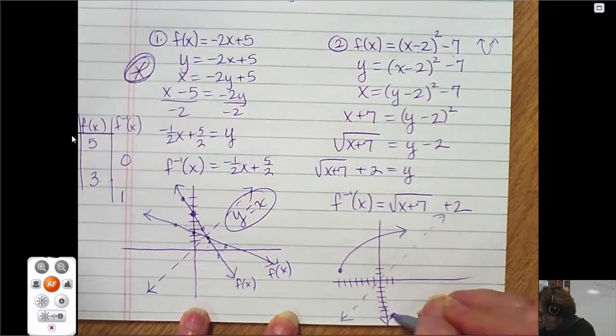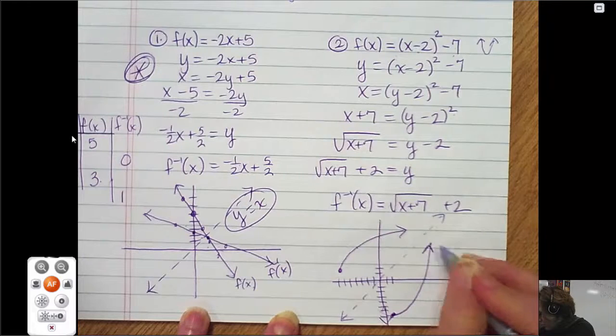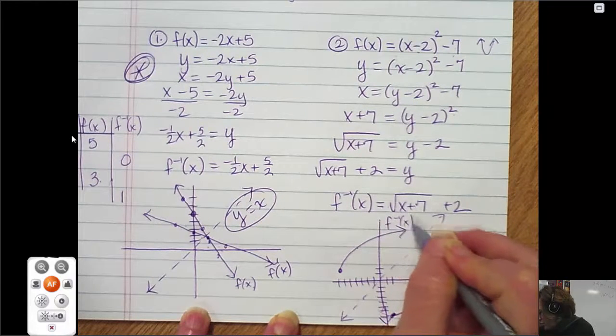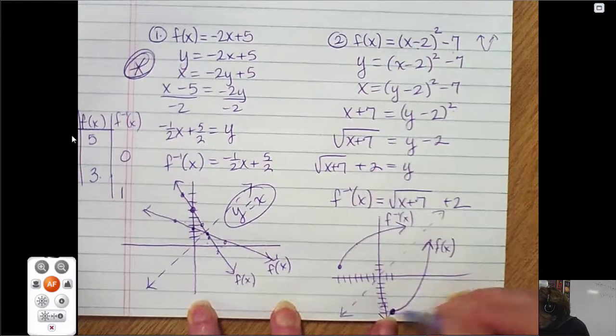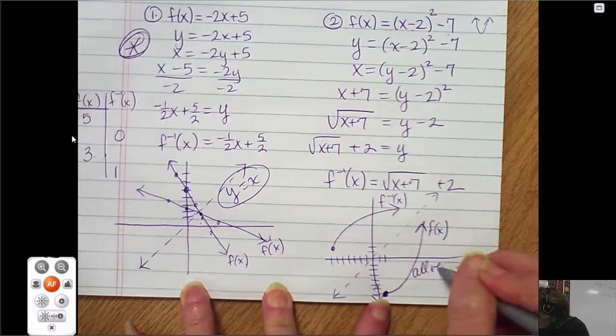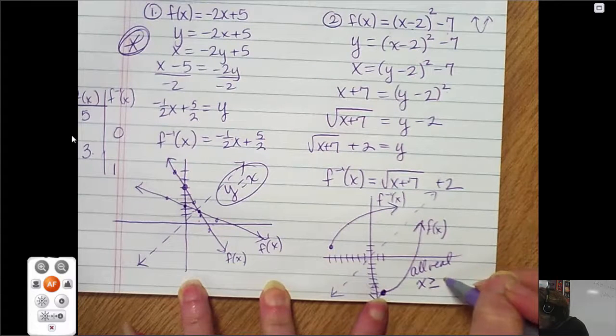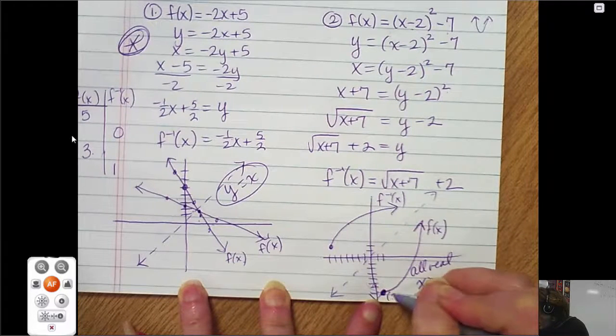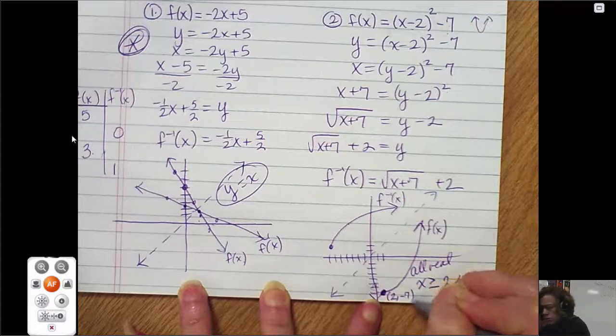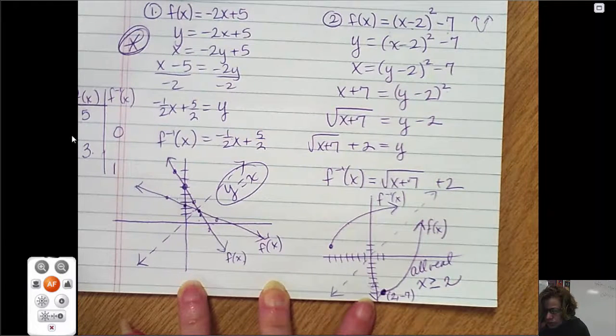So I'm only going to look at this piece of my f of x graph. So this domain, then, is all real x's that are greater than or equal to 2, the x value of the vertex or turning point.